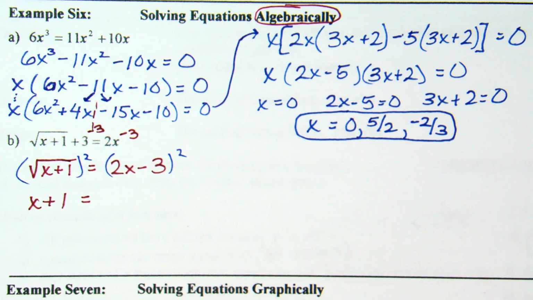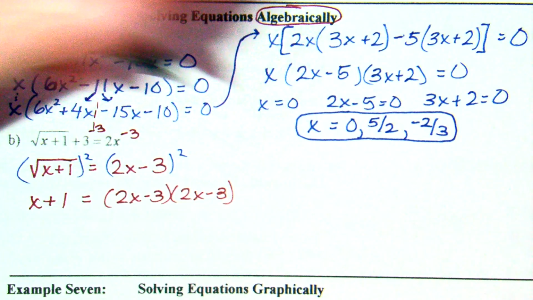I knew that. Okay, you're 2/3 right. It would just be 2x minus 3 and then 2x minus 3. What happens if I rewrite this as 2x minus 3 times 2x minus 3?